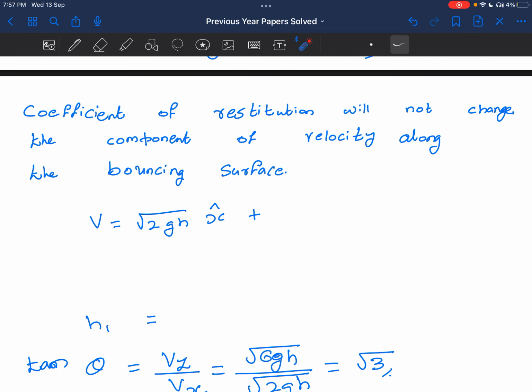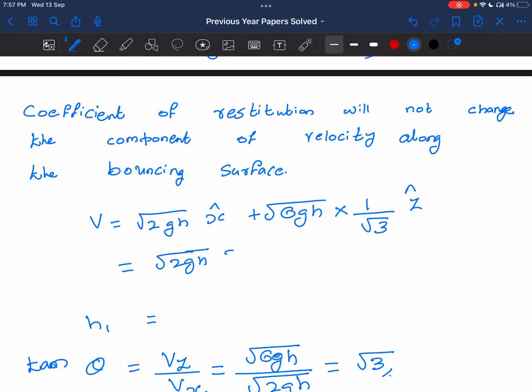So the component along z is now root 6gh times the coefficient of restitution, which is 1 by root 3, z cap. So the velocity will be root 2gh x cap plus root 2gh z cap. That is root 2gh into x cap plus z cap.